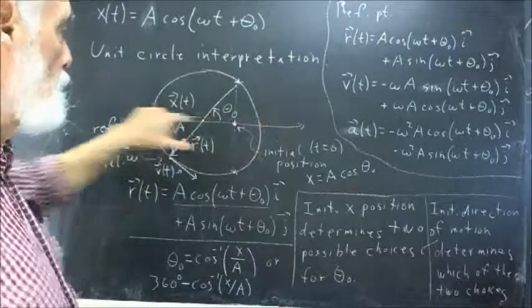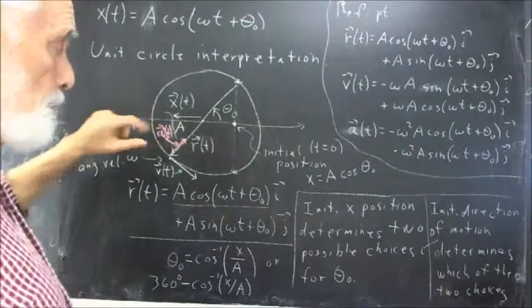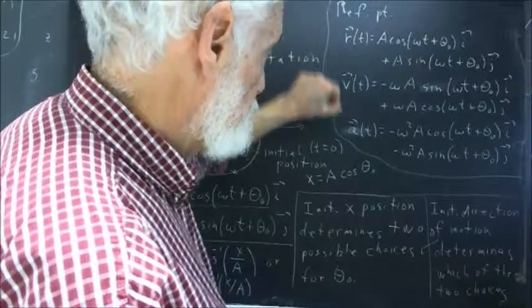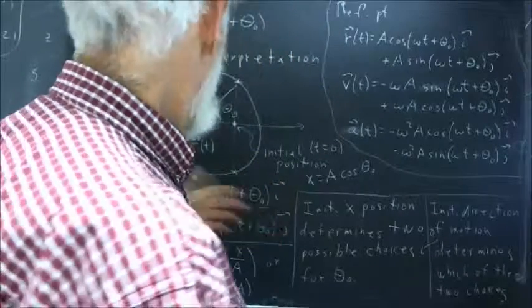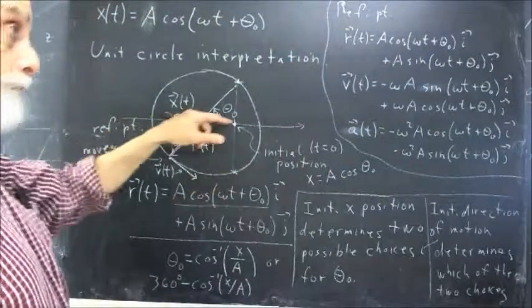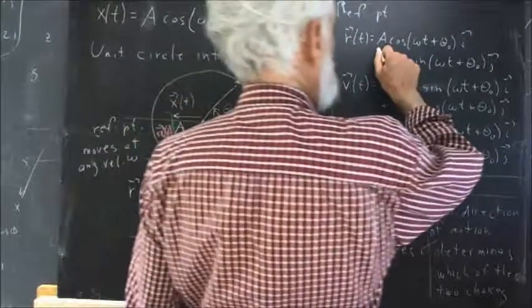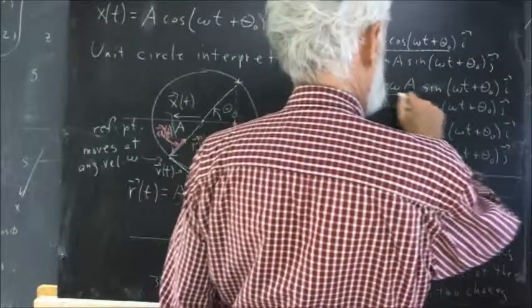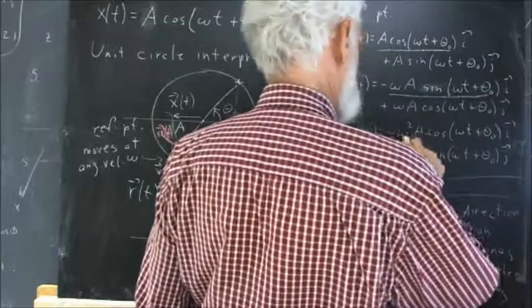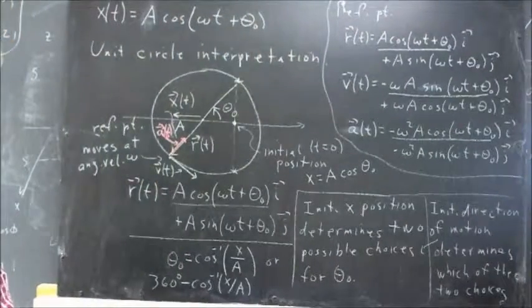If we're talking about modeling the motion of an object on the x-axis, then the projections of these 3 vectors onto the x-axis give us the position, velocity, and acceleration of the actual oscillator. So that here would be the position, here would be the velocity, here would be the acceleration.